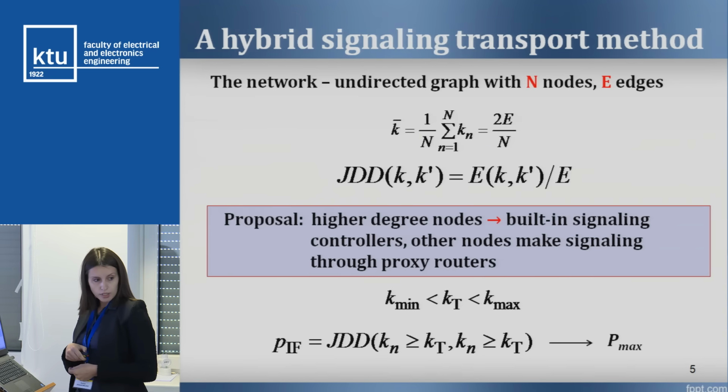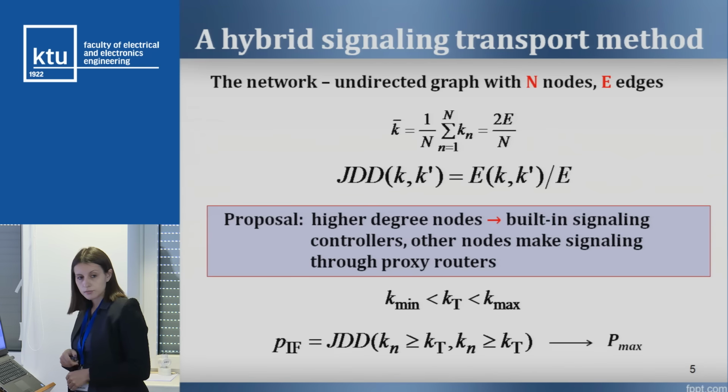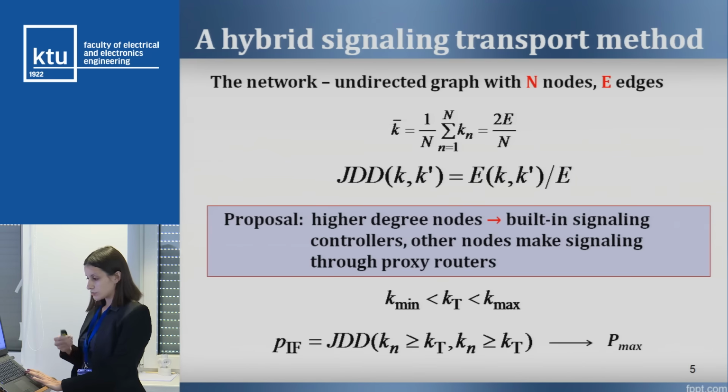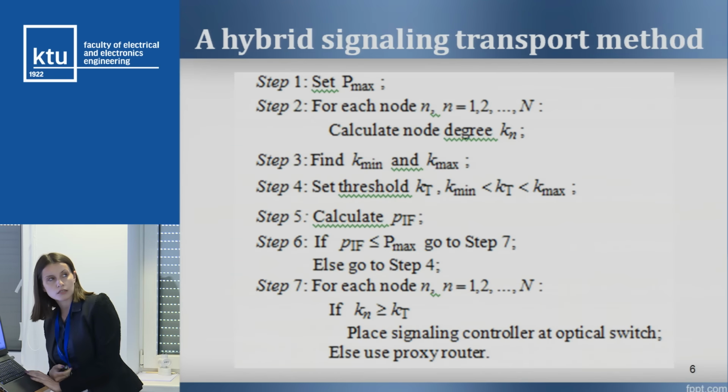Here we have the probability that a randomly selected link connects nodes with a node degree higher than this threshold, marked PF, and at the beginning of the algorithm we set an upper bound for this probability. So using all these elements, these are the steps of our algorithm.